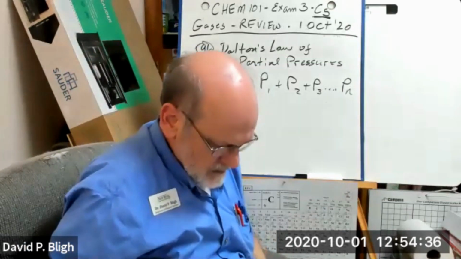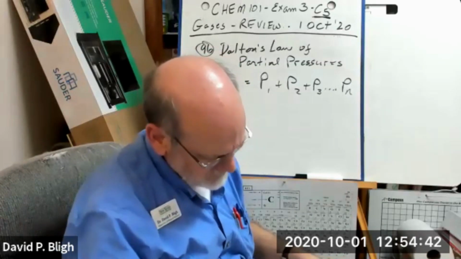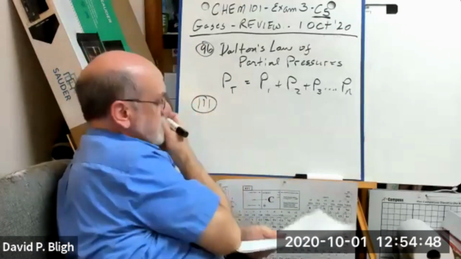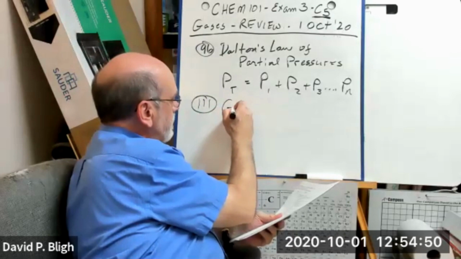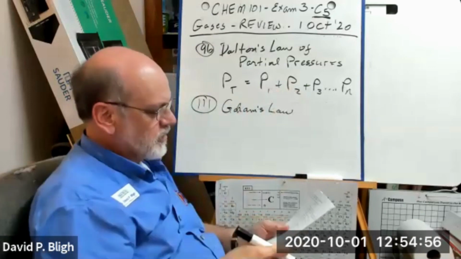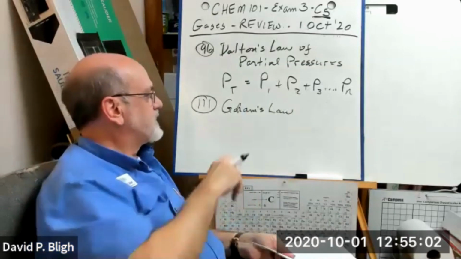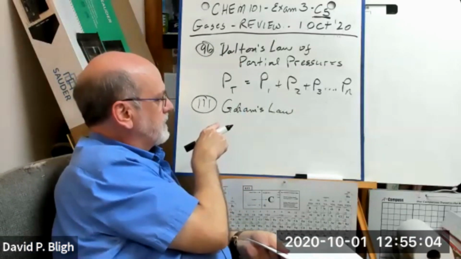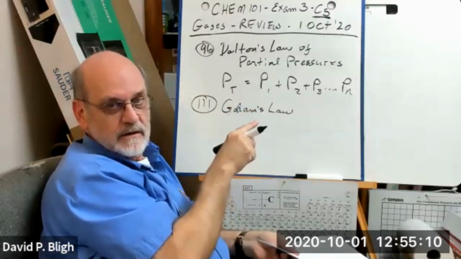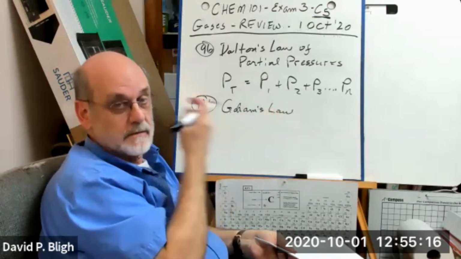Let's see. Do I have Graham's law marked off? Here it is. 111. This is the other law that we had studied, Graham's law. So what does Graham's law say? Well, in words, it says that the rate of effusion of any gas is inversely proportional to its molar mass.